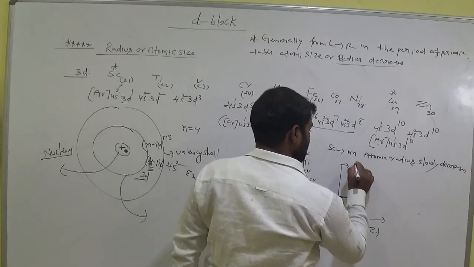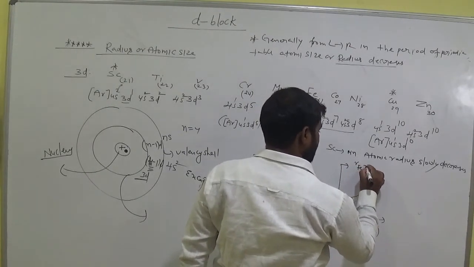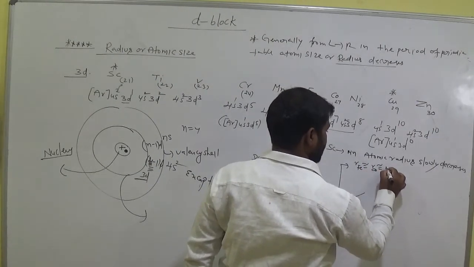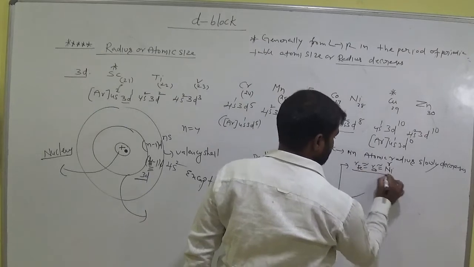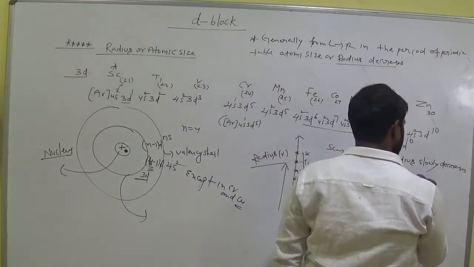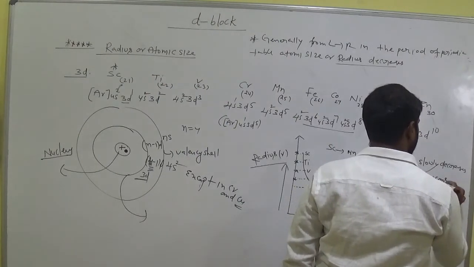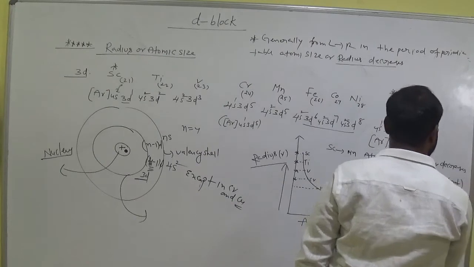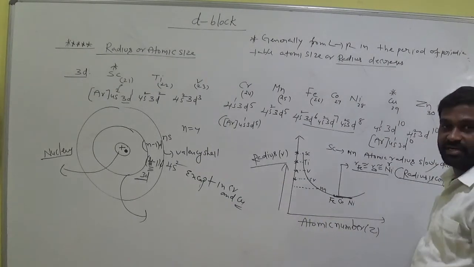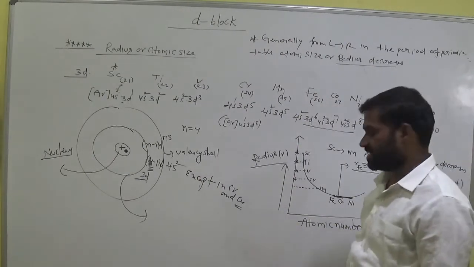That means the atomic radius of iron is almost similar to the radius of cobalt and almost similar to the radius of nickel. Their radius is almost constant in the graph. Am I right? There is no change. They possess similar atomic radius here.